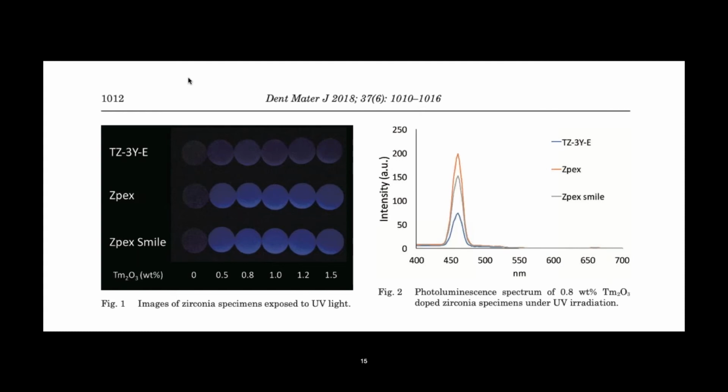And the original one at the top has a very little of this thulium material, which causes this beautiful fluorescence response at around 450 nanometers. So that would really help. They could add that, but it's a very expensive material, and I don't know their reasoning for not putting it in everything.